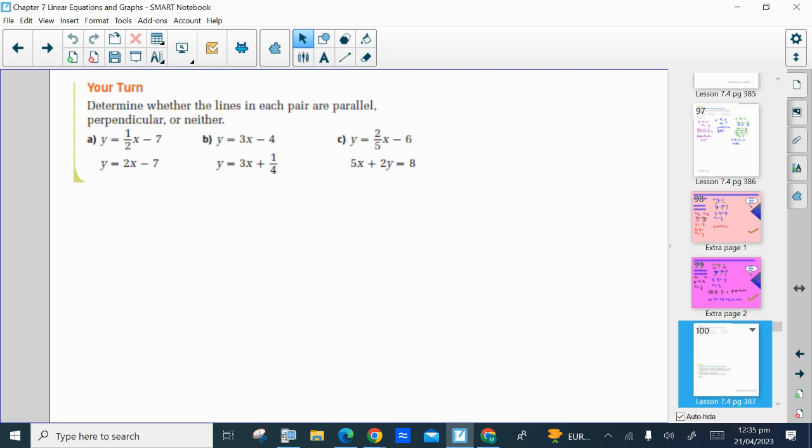You take the slope of the first line, flip it over and change the sign. We also said that when lines are perpendicular, if you multiply their slopes together, you'll always get -1. So that's how we tell whether lines are parallel, perpendicular, or neither.